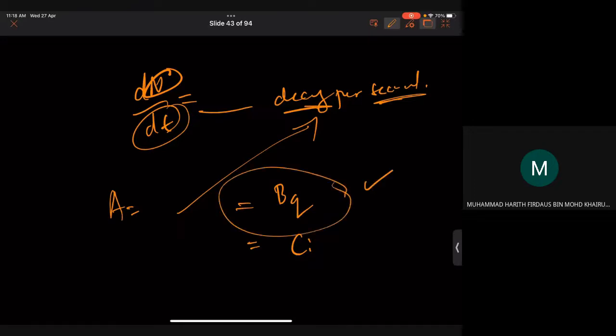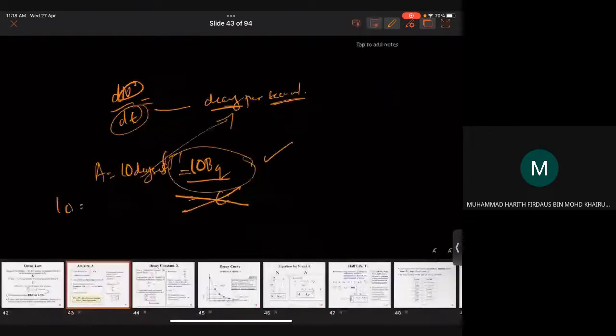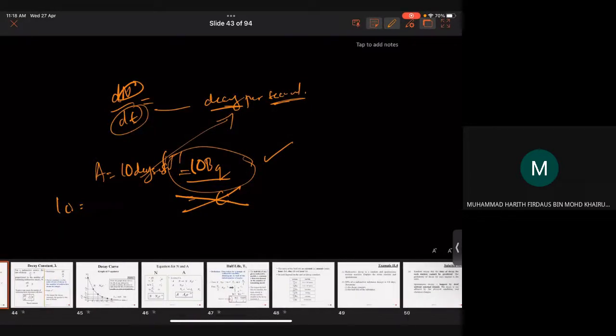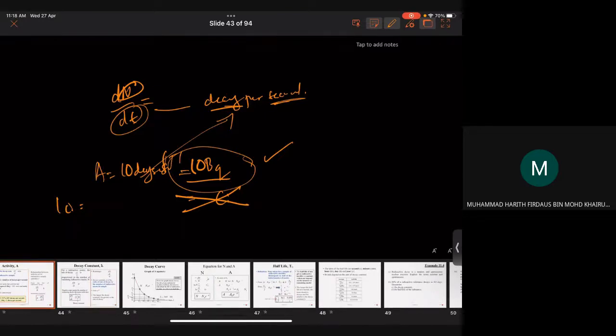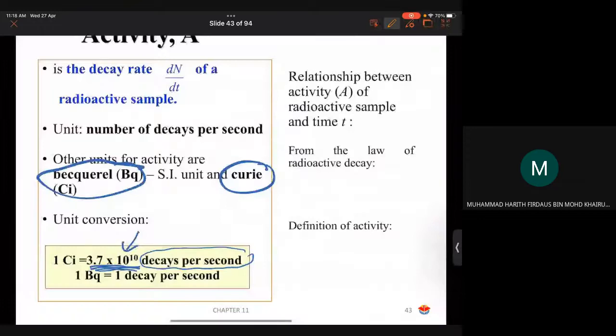Kalau you dapat 10 decay per second, sama je dengan 10 BQ. Tapi CI you kena ubah. Satu CI adalah sama dengan 3.7 darab 10 kuasa 10 decay per second.